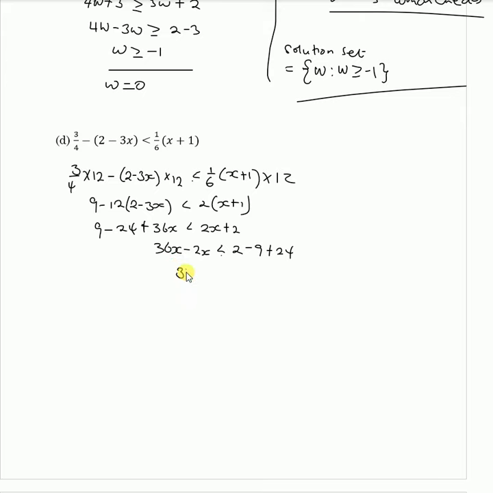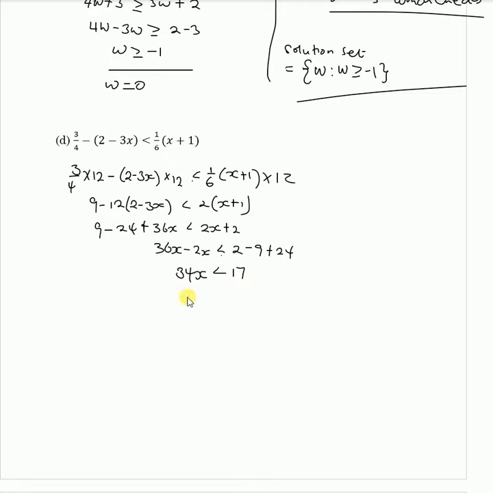This one is now 34x less than, I don't know why I'm putting less or equal to, it's just less than. Now this one is, it is like a 26 minus 9, which will get us something like a 17.